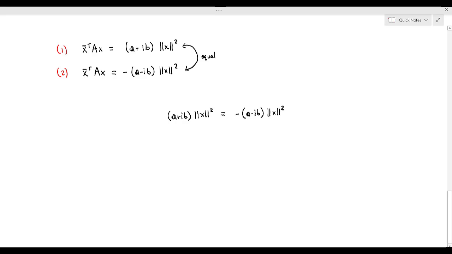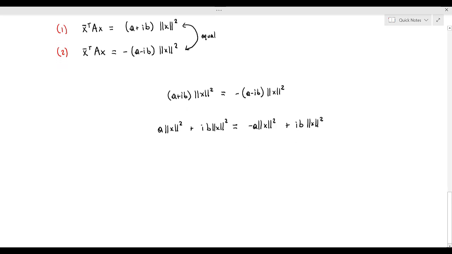Now to make this more clear, I will distribute the length of x squared into the parentheses. So then distributing will leave us with that.